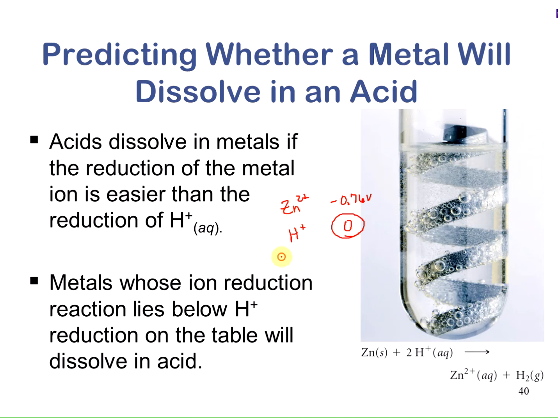As it's oxidized, it goes from zinc metal to zinc 2+. So it's going to give up its 2 electrons, give them to the protons to make hydrogen gas, and when it does that, it will start to dissolve the metal.